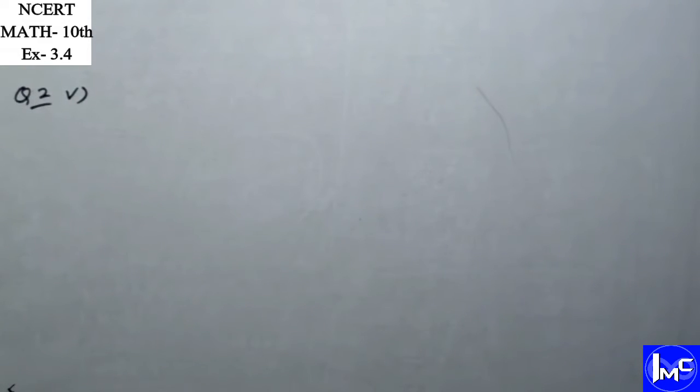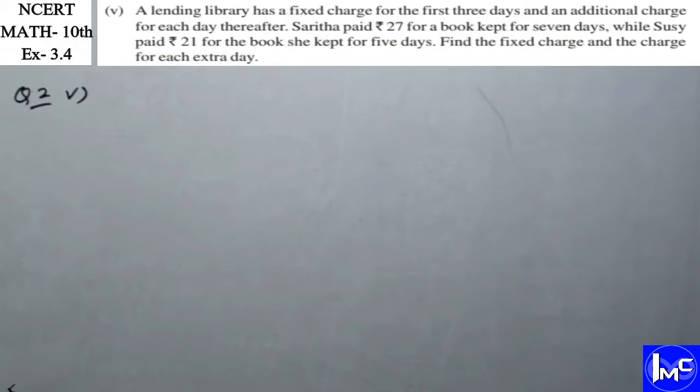Next question, part number 5. A lending library has a fixed charge for the first 3 days and an additional charge for each day thereafter. Saritha paid rupees 27 for a book kept for 7 days, while Sashi paid rupees 21 for the book she kept for 5 days.